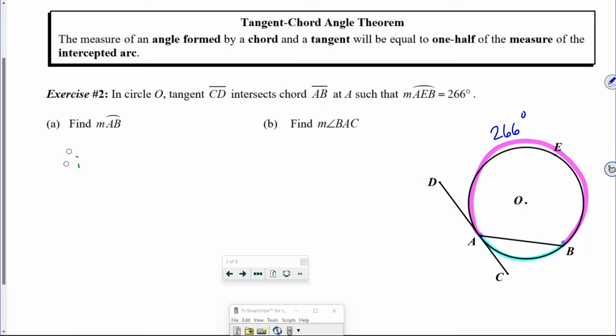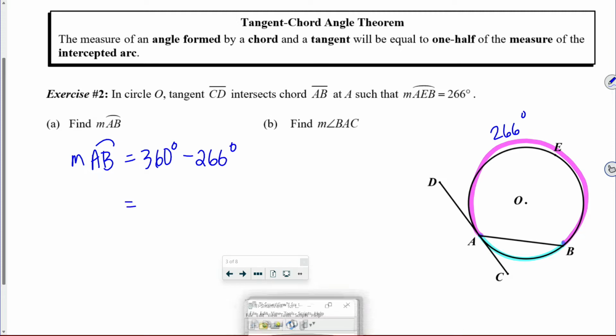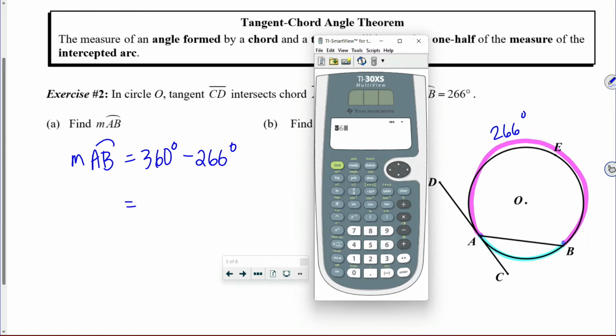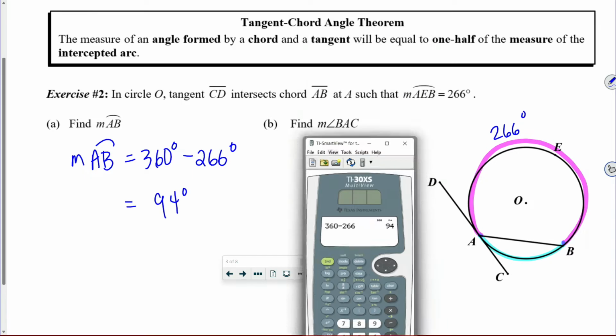If I want to find the measure of arc AB, I'm just going to do 360 degrees minus 266 degrees, right? We've got our nice simple calculator. We don't need anything fancy for just simple subtraction and all of that. And we find the measure of arc AB is 94 degrees.